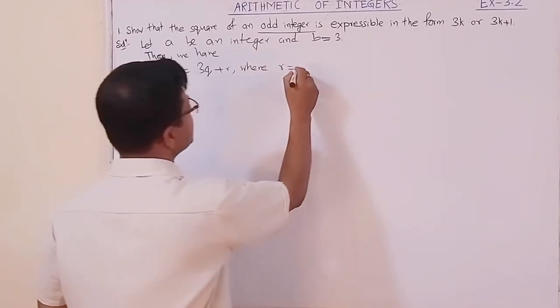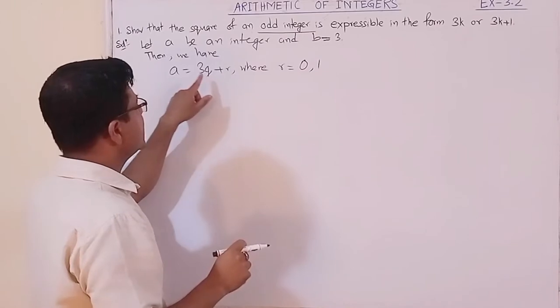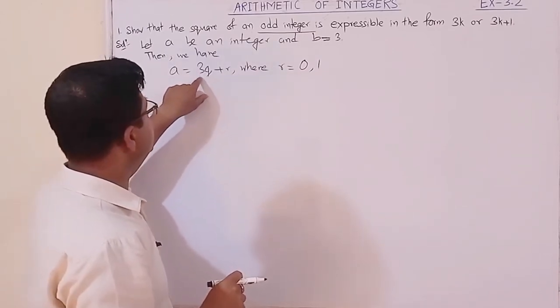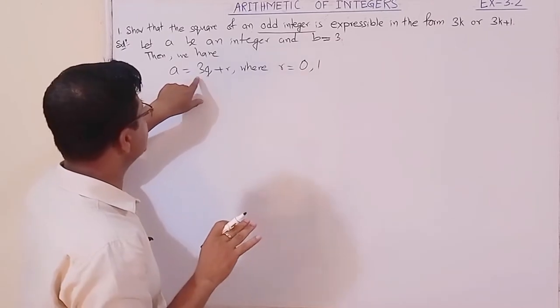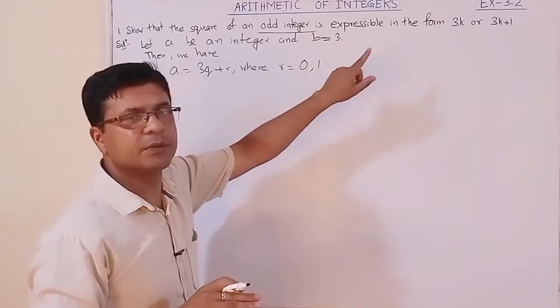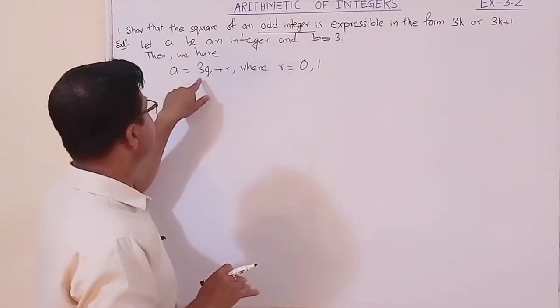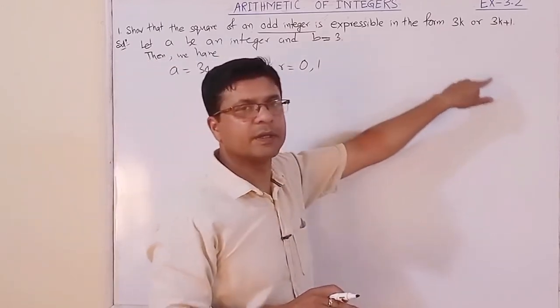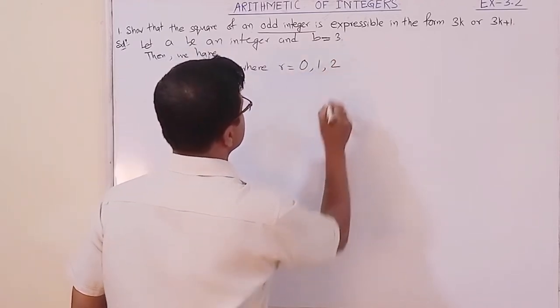Let us write all the possible values. The first value is 0, then 1. Here r is less than 3. If b is 3 there should be 3 values of r. If b is 4 there are 4 values of r. If b is 100 there will be 100 values of r. Possible values are 0, 1, then the next value is 2.